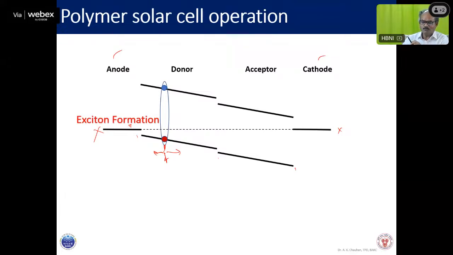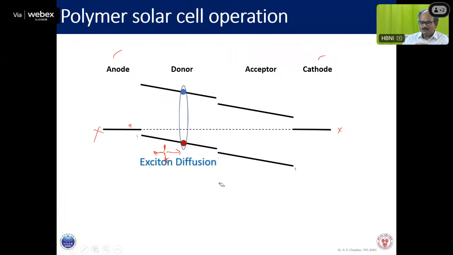Now let us assume the most optimistic case, that it moves in this direction, which we prefer. So it moves and it reaches the boundary. When it reaches the boundary, it sees this difference of energy, which works as an activation energy which compels this electron-hole pair to separate, because moving the electron from this point to this point is actually reducing the energy.